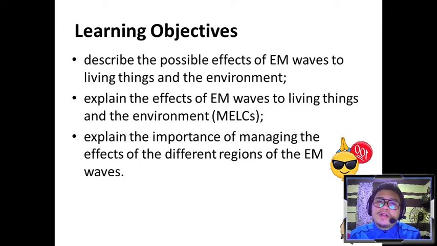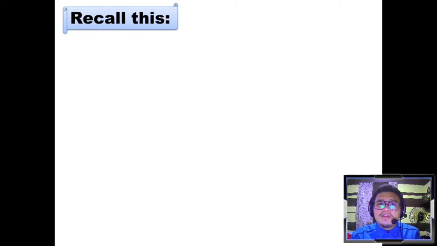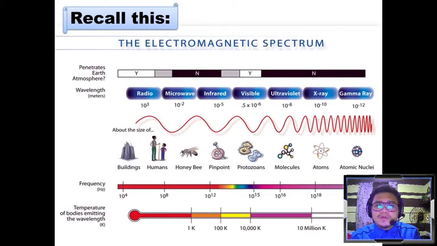So now that we are set with our objectives for today's lesson, let us move on with our main topic for discussion. Let's have first a recap of the different regions of electromagnetic waves. We showed in our previous lesson the electromagnetic spectrum.